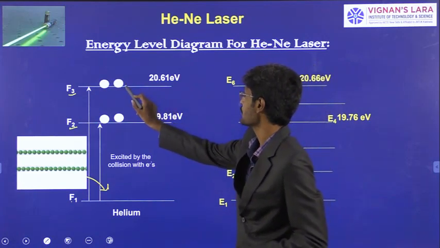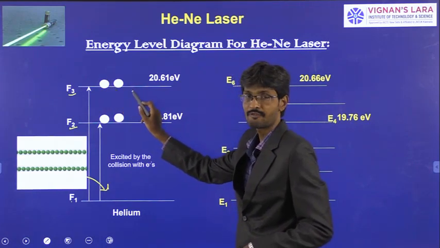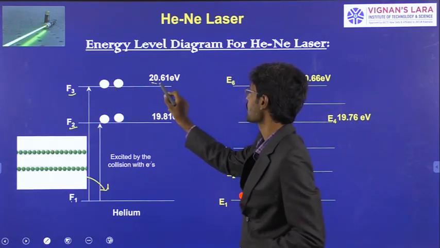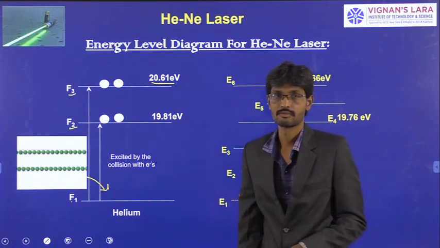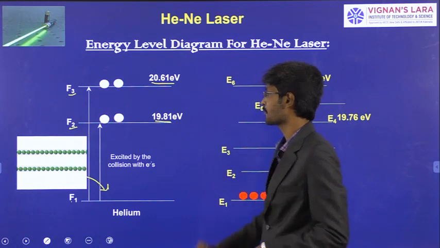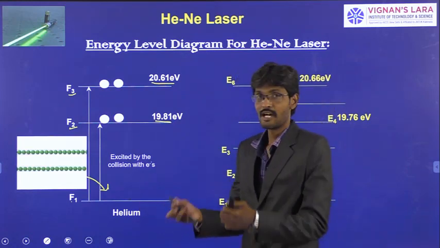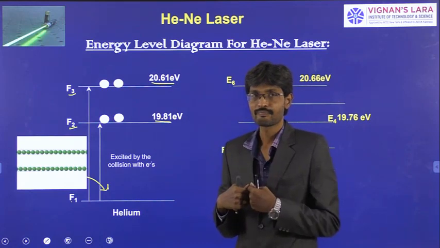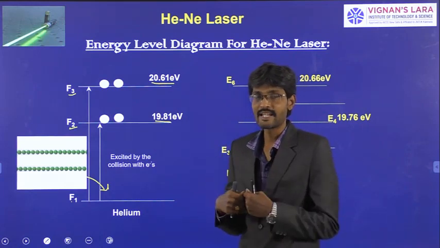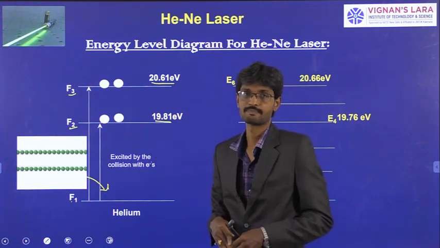The helium ions which are in F3 possess the energy of 20.61 electron volt, whereas the helium ions which are in F2 possess the energy of 19.81 electron volt. As they gain energy, the kinetic energy increases and they go to excited states F2 and F3.